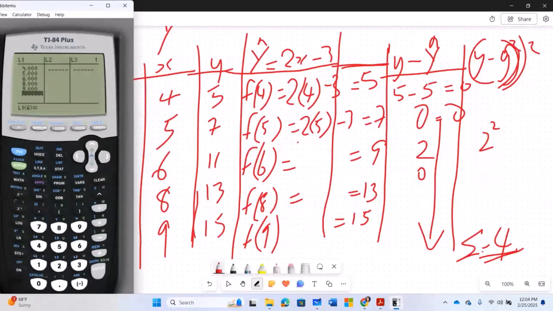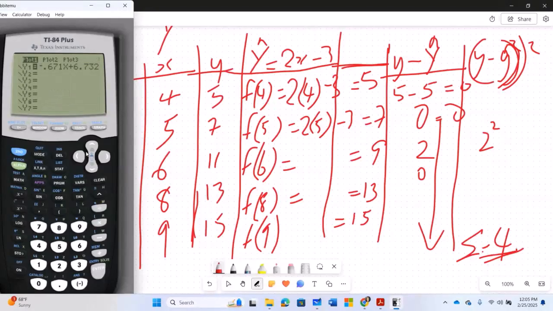All right, so the next, and then the observed, the given y is called the observed. 5, 7, enter. 11, enter. 13, enter. 15, enter. Okay. And I already found the equation is in y1.